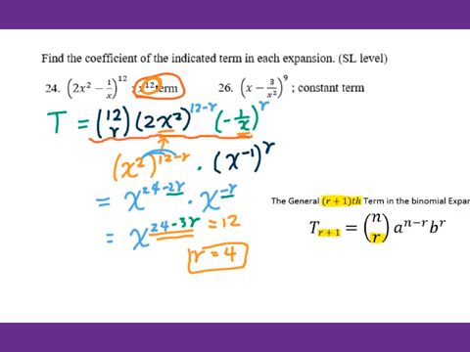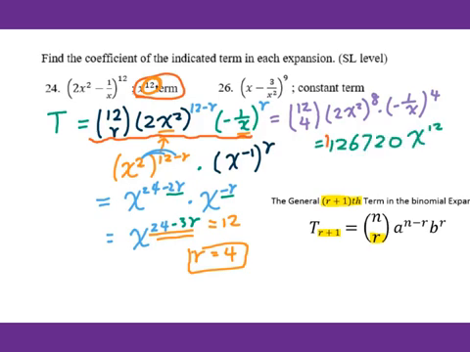You will get 12 choose 4, 2x squared to the 8th power times negative 1 over x, you do the 4th power. Then you put it into a calculator, you will get this will be the coefficient.